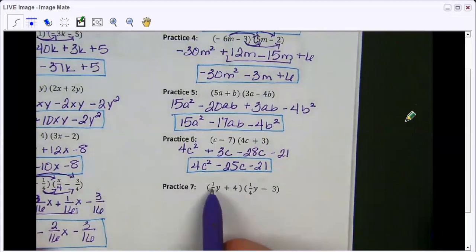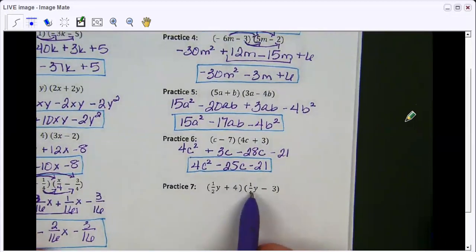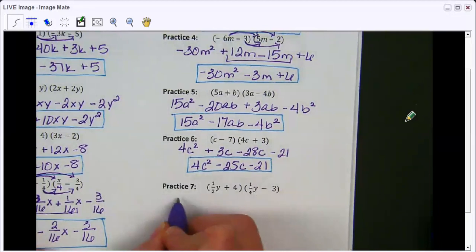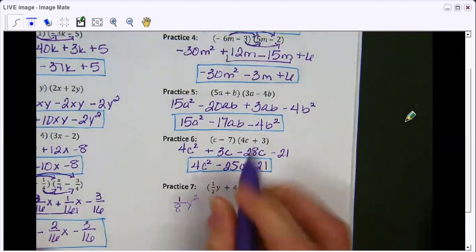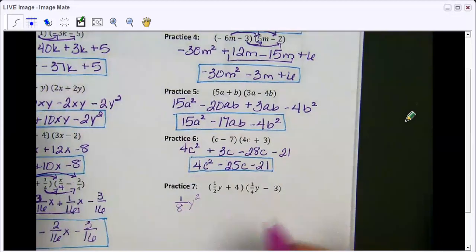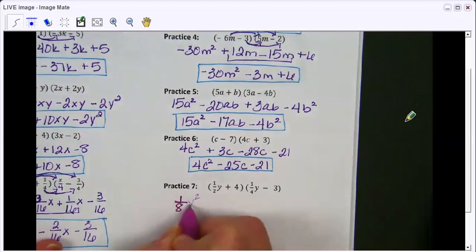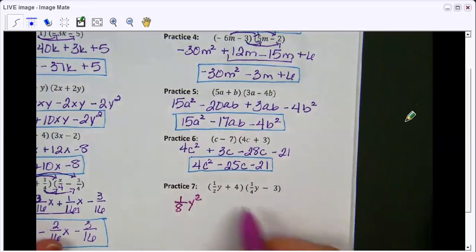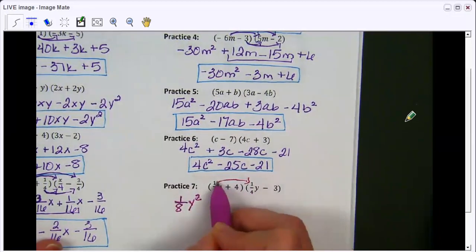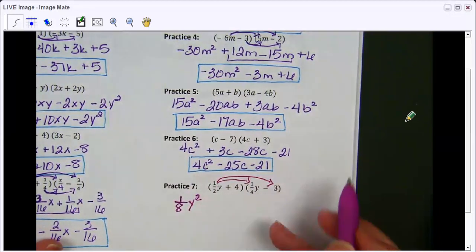On this one, we have 1/2 y and 1/4 y. When you multiply those, you should get 1/8 y squared. Now we're going to do 1/2 y times -3.